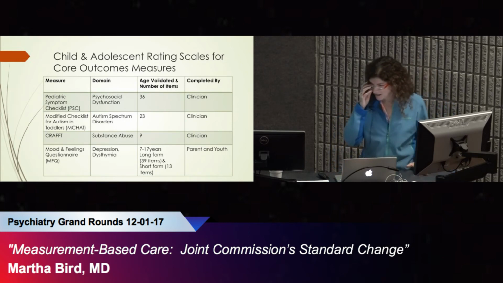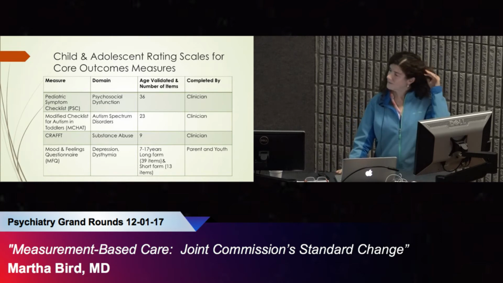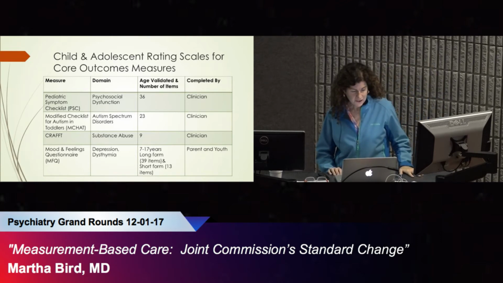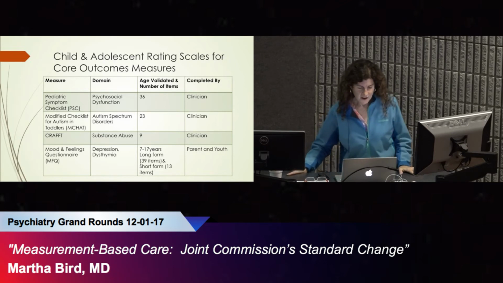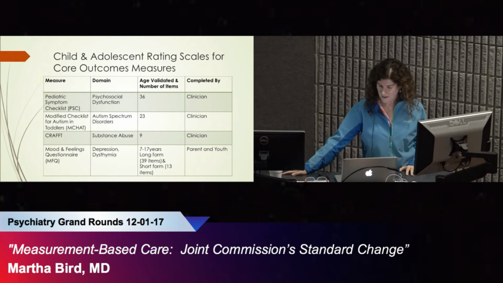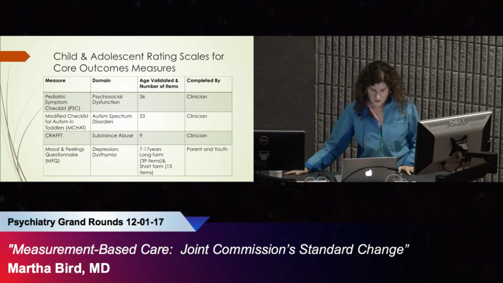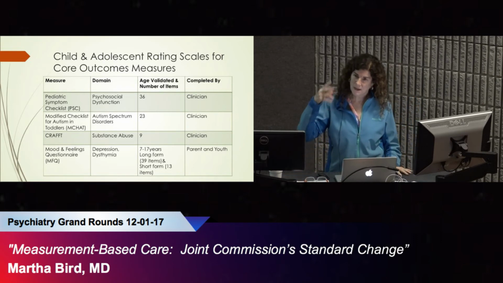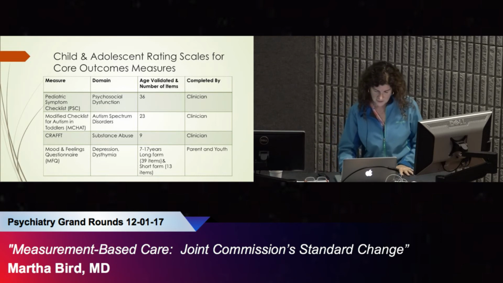Something that people did not get to see at the Psychiatry in the Mountains presentation that we recently had, looking more in depth at measurement-based care, were child and adolescent rating scales. And since there's a number of people here who are interested in child and adolescents, I thought it would be helpful to show some, and also to maybe give some examples so people in the audience know the kinds of things we use with kids.